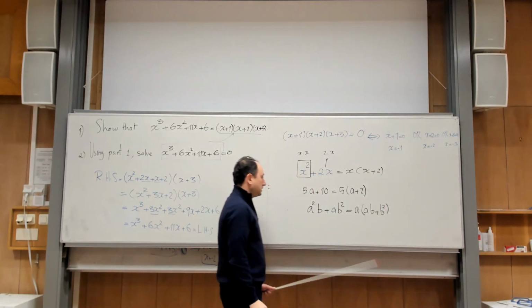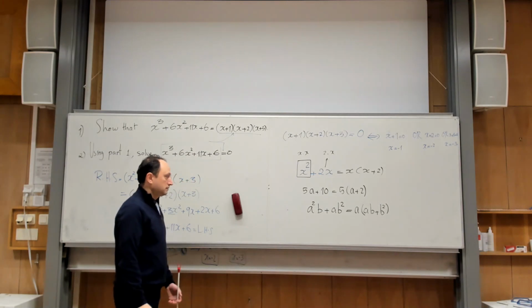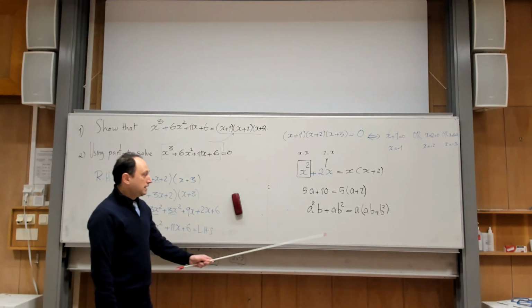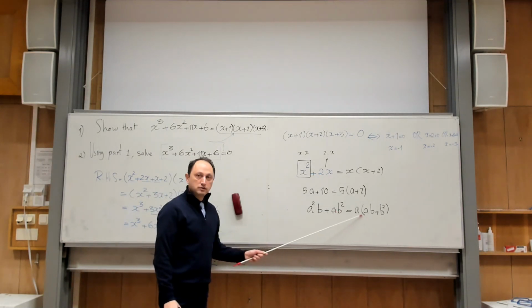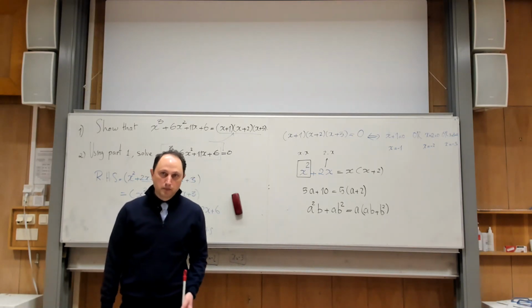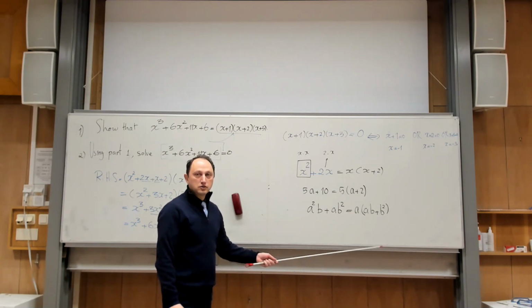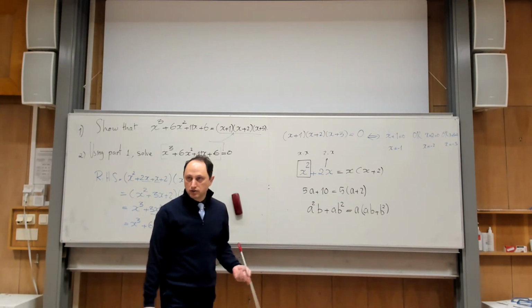First of all, tell me, is this equality true or false? It's true. Is this a product? Yes. So it means that I have done a good job. I was able to write this as a product. So I have factorized that.